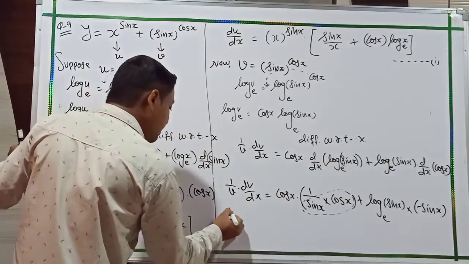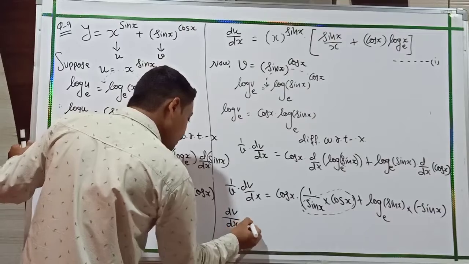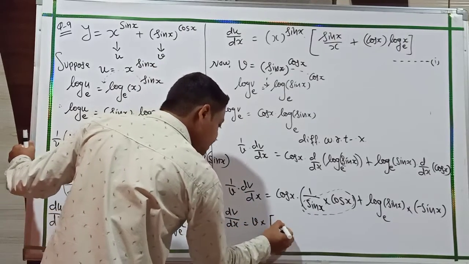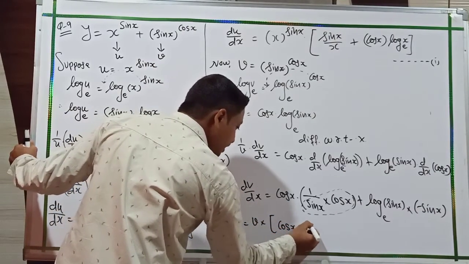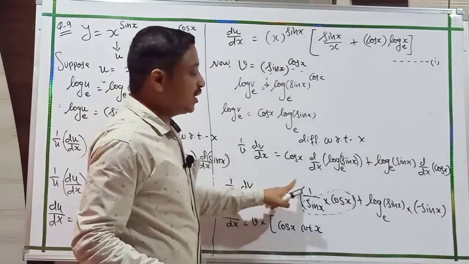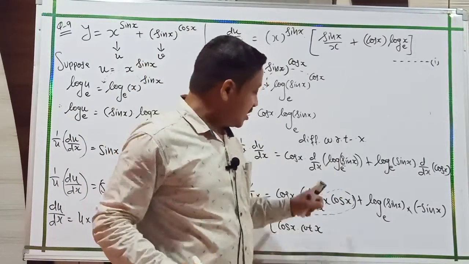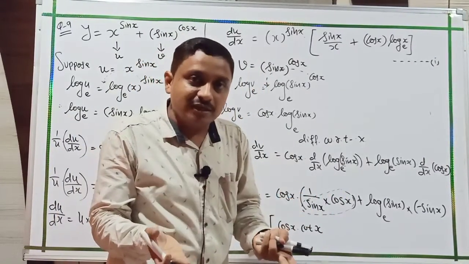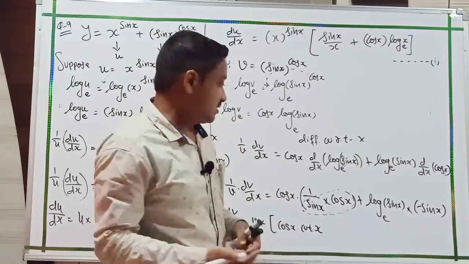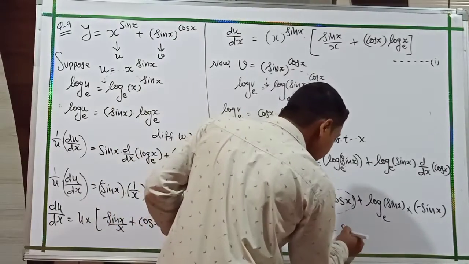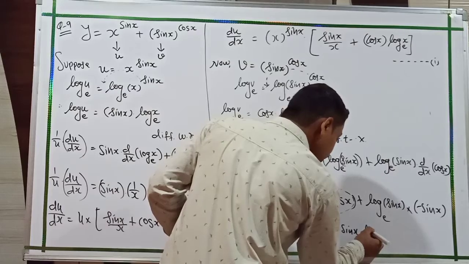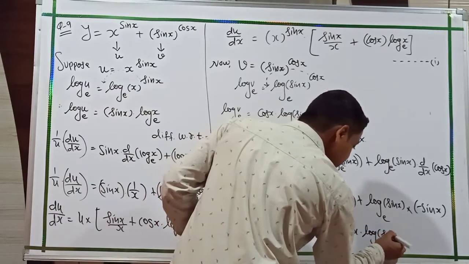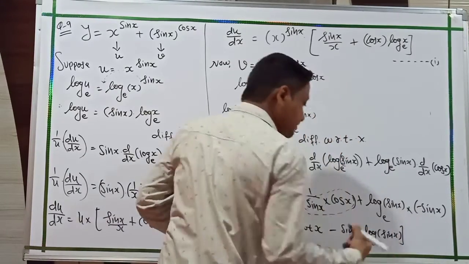So dv by dx equals v into cos x into cot x. Students, I repeat, you can also make cos square over sin x, both are the same answer, and minus sin x into log of sin x base e as it is.